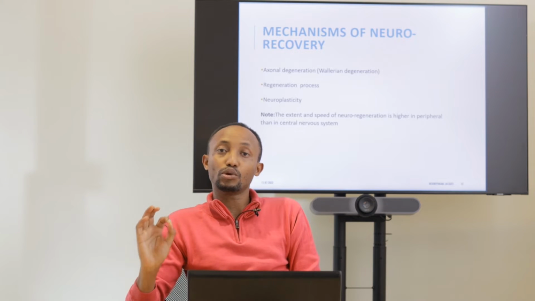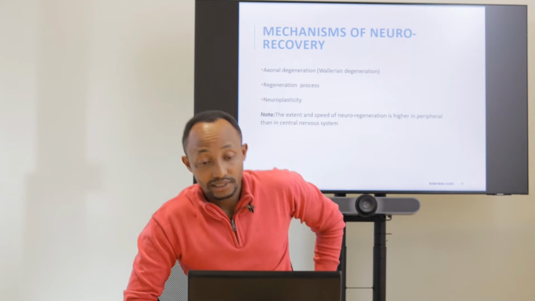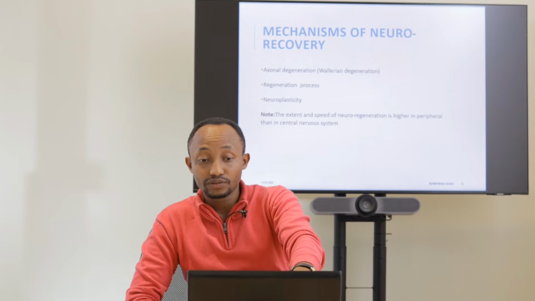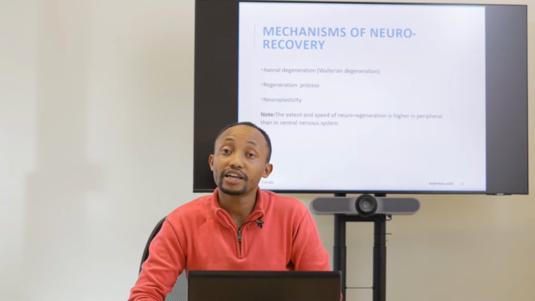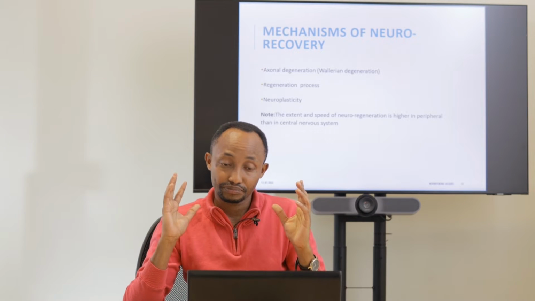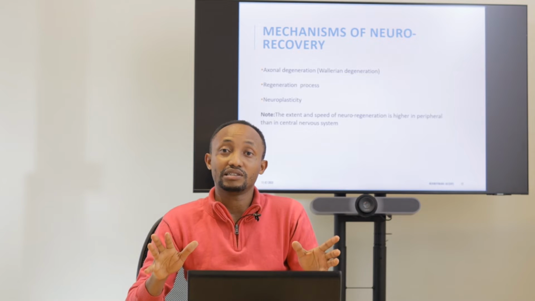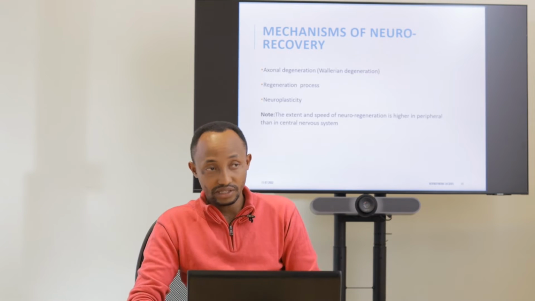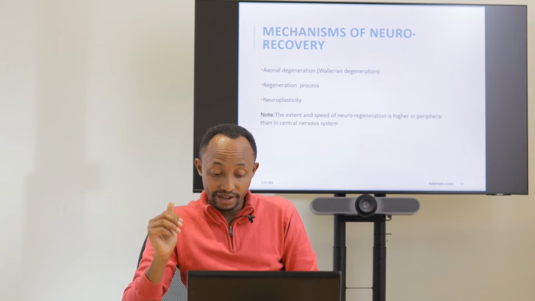It occurs both in the central nervous system and the peripheral nervous system. But as the note says here, the extent and the speed of it are higher in the peripheral nervous system than in the central nervous system. There's another one we call neuroplasticity, and neuroplasticity was even an objective of the training.